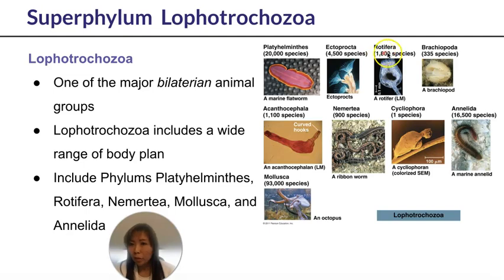Another one would be the Rotifera, which includes the rotifers. You have the phylum Nemertea, which would be our ribbon worms, as well as mollusks. So this is an example of mollusks, as well as octopus, snails and slugs.